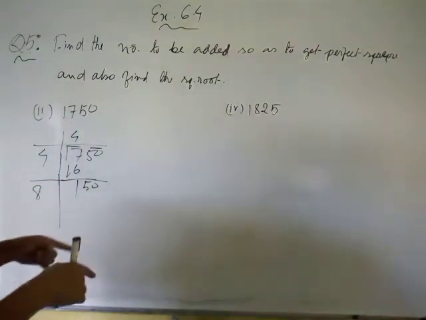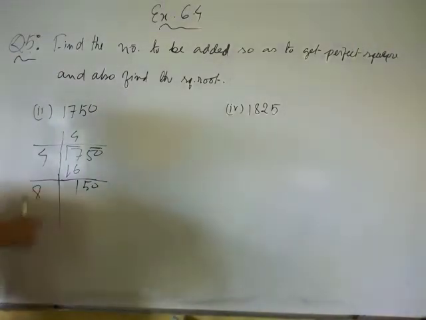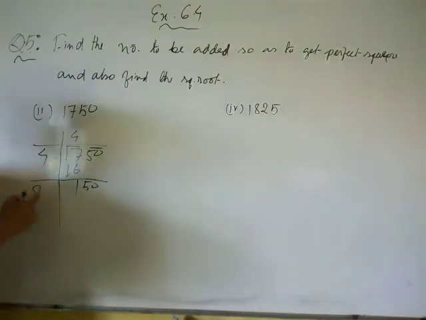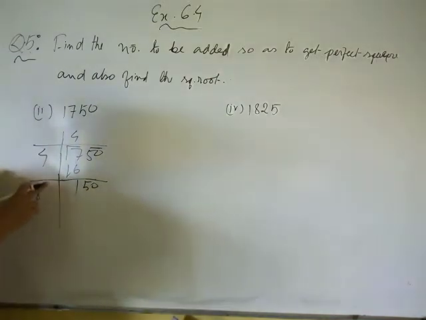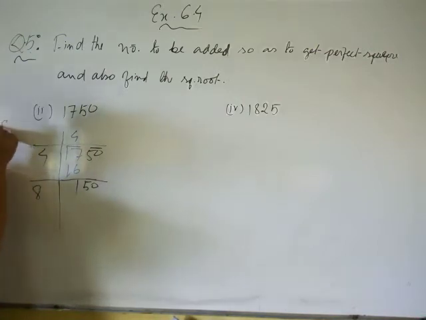What can we add here? One more digit, so that we can divide this. We cannot take 0. So what we have to do is take 2, for example, 8 and 2.